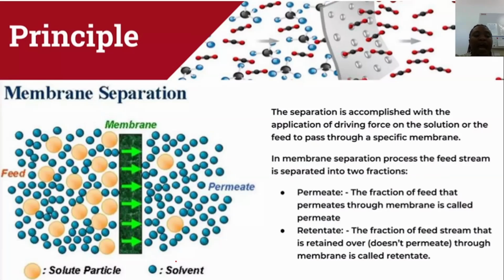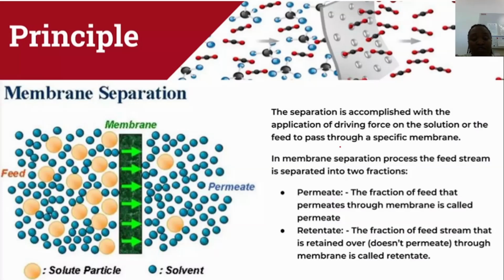So the principle behind membrane separation: you can see from this diagram here, we have the feed, or the substance that you want to separate. Then we have the membrane and we have the permeate. Within here, we have the solid particles in brownish, and the bluish representing the solvent or the liquid.